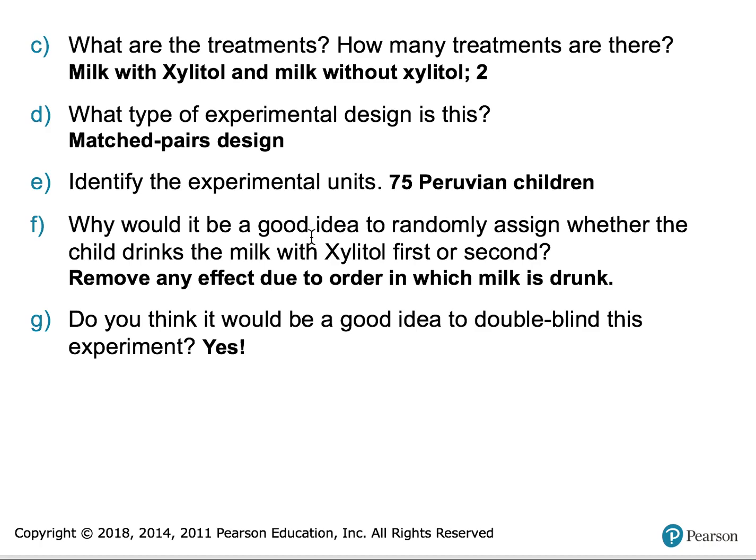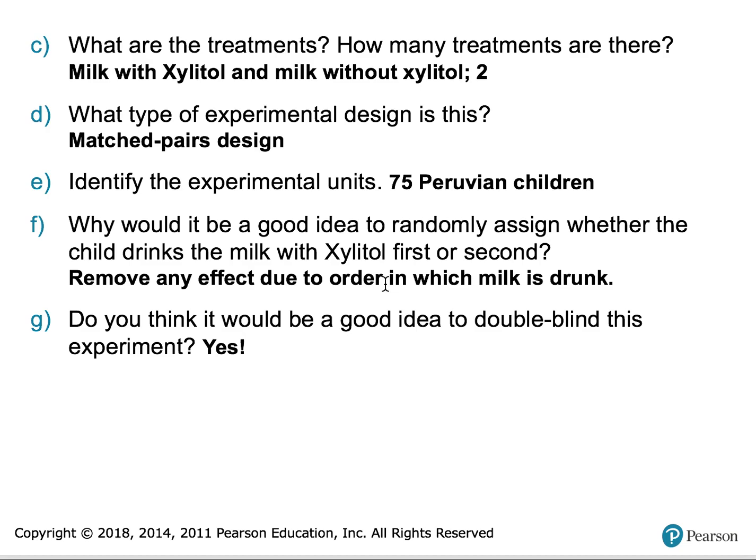Why would it be a good idea to randomly assign whether the child drinks the milk with xylitol first or second? That's to remove any effect due to ordering that we talked about earlier in our bias, right? Ordering in which the milk is drunk. Think about this. One's drinking milk with xylitol, one's drinking it without. So knowing what the first response was could influence the second.